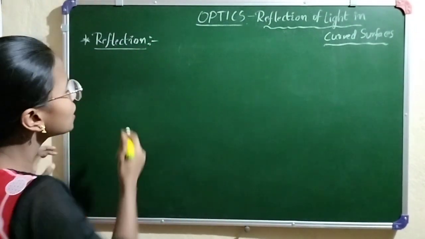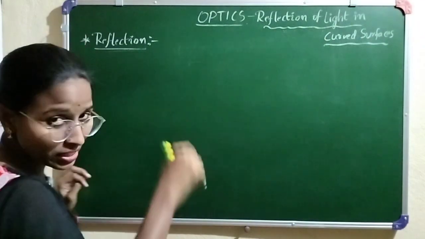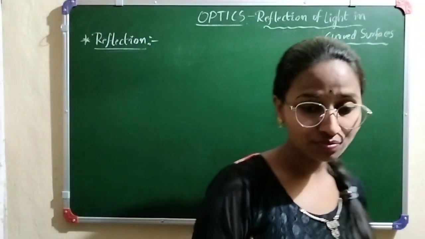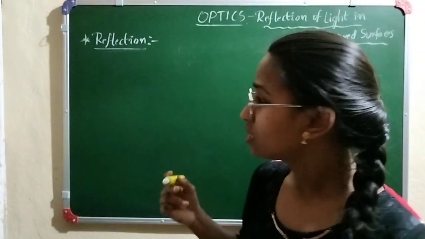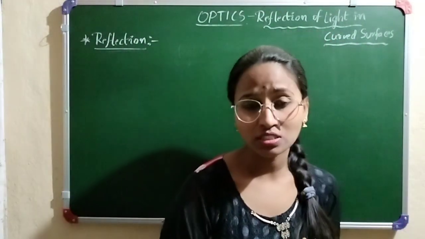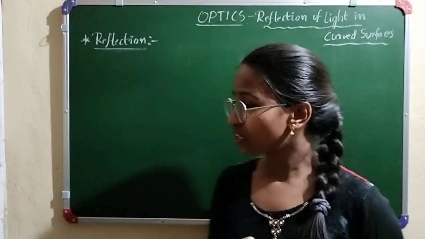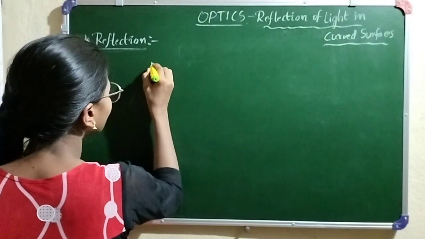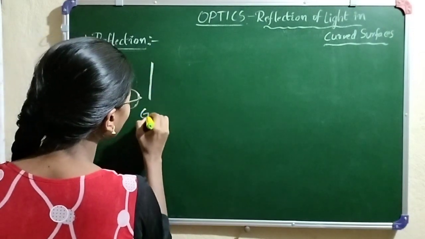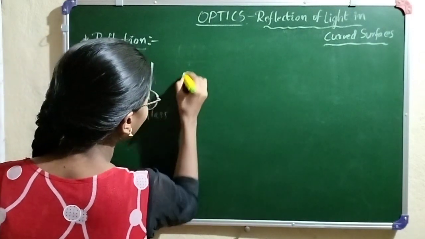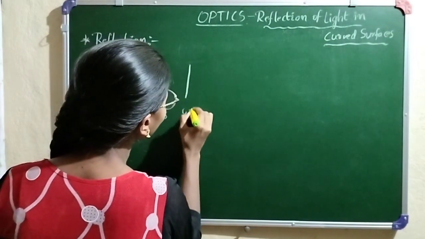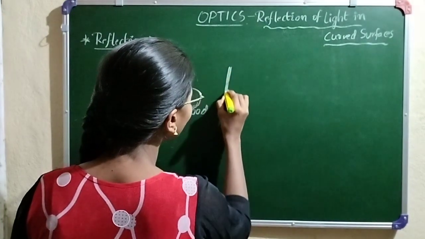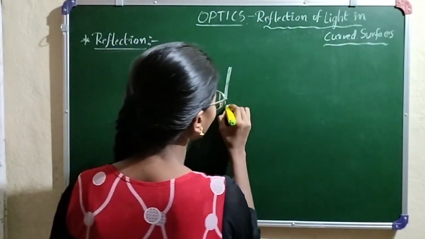In optics, we'll see reflection first, which is already there in the previous classes, but I want to revise this again. Before going into that, let's see why the concept of reflection comes under this process. I am taking three different types of plates. This one is glass, another one is wood, and another one is window glass.